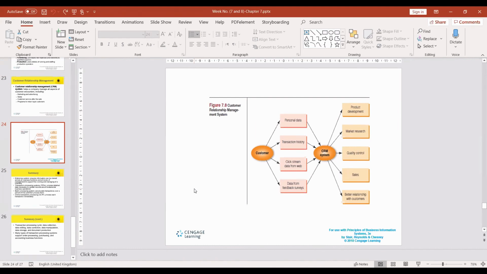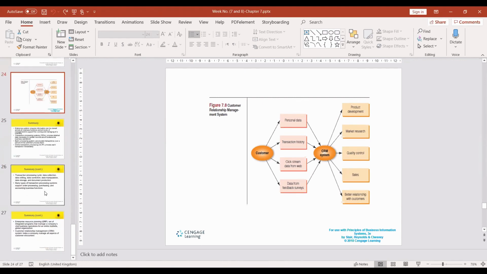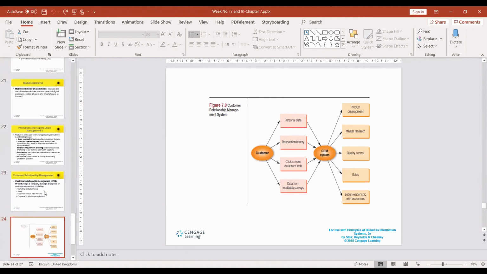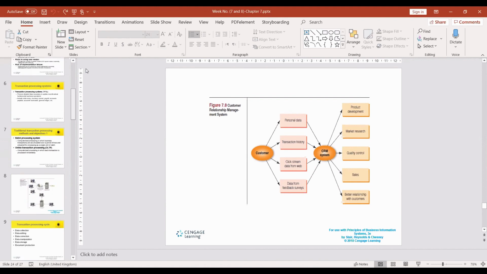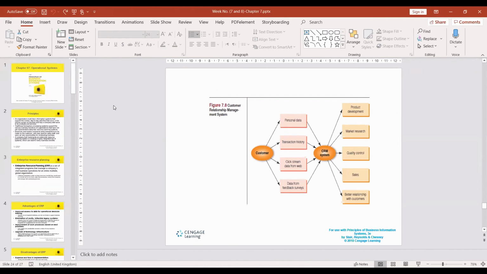Sales information, then a better relationship with customers. So there are different analyses produced by this CRM system. Is that clear, guys? Yes, that's clear. So this is the end of chapter 7 and 8 combined.